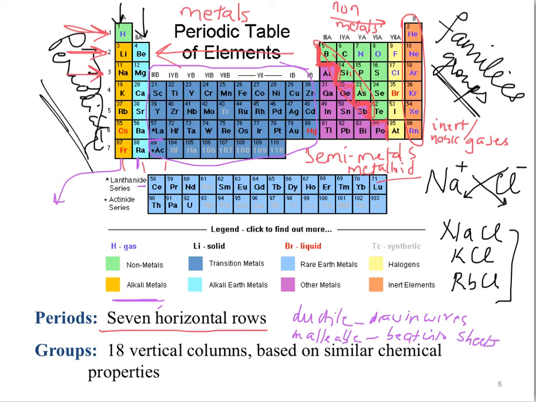And then for actinium, which is 89, all the way to 103, which is lawrencium, a synthetic element, which is why it has been written in gray. Those form the actinide series.